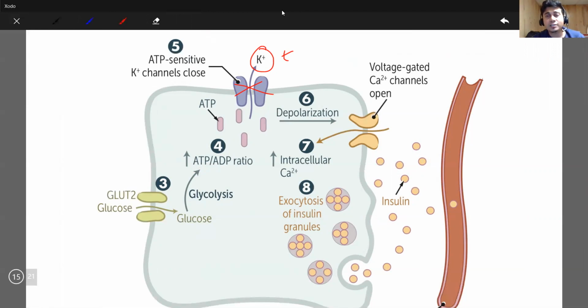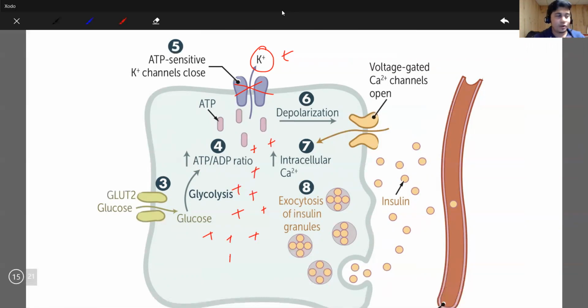So when this potassium channel is closed, potassium is not going out. Now potassium is a positive charge. When this positive charge cannot go out of the cell, it will accumulate in the cell, right? And eventually this cell becomes more and more positive. Usually most of the cells of our body are negatively charged. But when it becomes positive, we say they change their pole of electrical status.